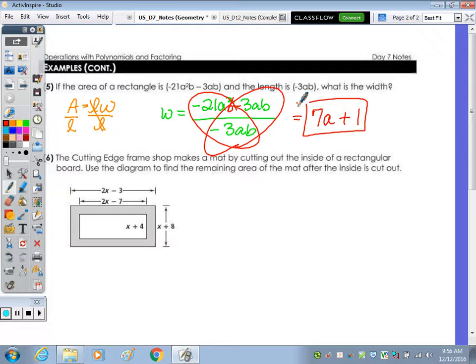6. The cutting edge frame shop makes a mat by cutting out the inside of a rectangular board. Use the diagram to find the remaining area of the mat after the inside is cut out. Cut out means we're going to subtract.